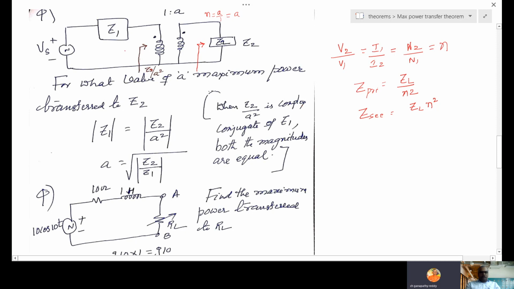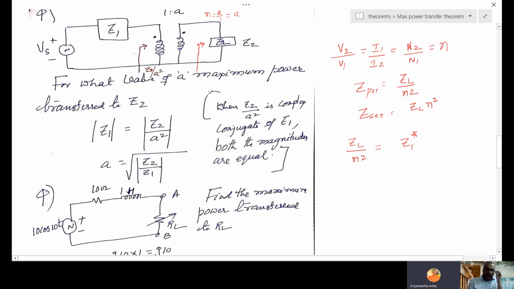To get maximum power, this must be the complex conjugate of this. So basically ZL by N square should be the complex conjugate of Z1, as per the maximum power transfer second condition.